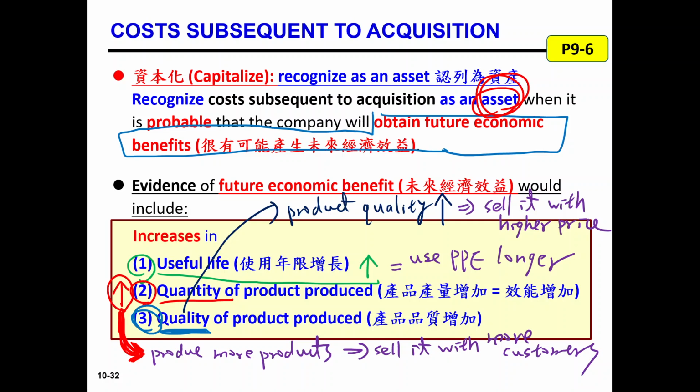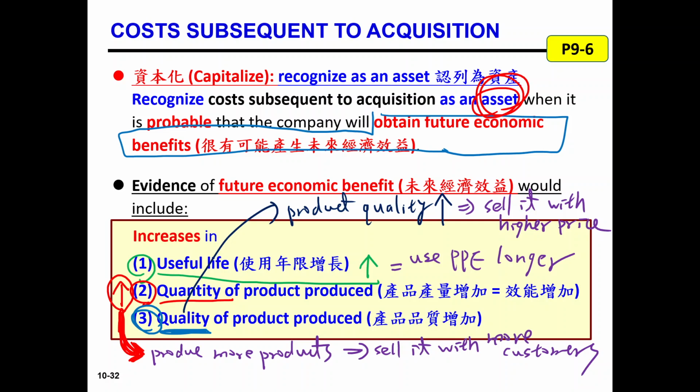Or when you find out your PPE's efficiency increases, so they can help you to produce more products or produce higher quality products, then you still can get the future economic benefits. Okay? Any questions? So for these cases, you find out, okay, the money we spent has future economic benefit. So that's our asset. Okay?